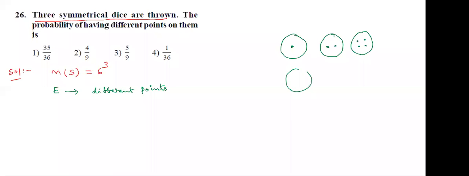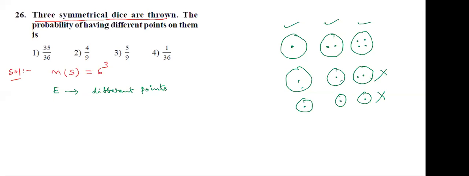Suppose first die you got 1, second die 1, third die 2 points. This condition does not qualify as 3 dice having different points. 1, 1, 2 is not possible. All dice getting the same number is also not possible.